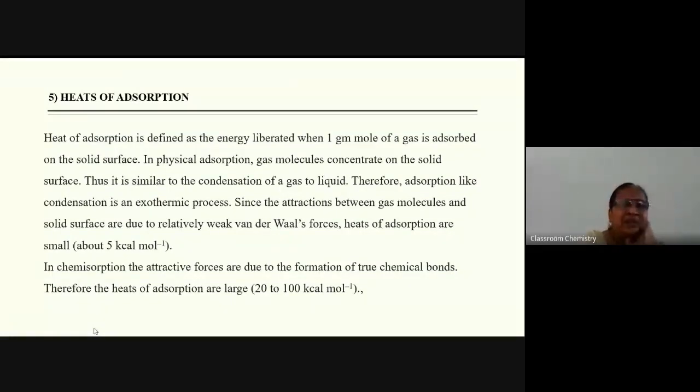Physical adsorption is an exothermic process because attraction between gas molecules and solid surface is due to the relatively weak van der Waals forces, and the heat of adsorption is very small, about 5 to 10 kilocalorie per mole, in case of physical adsorption.